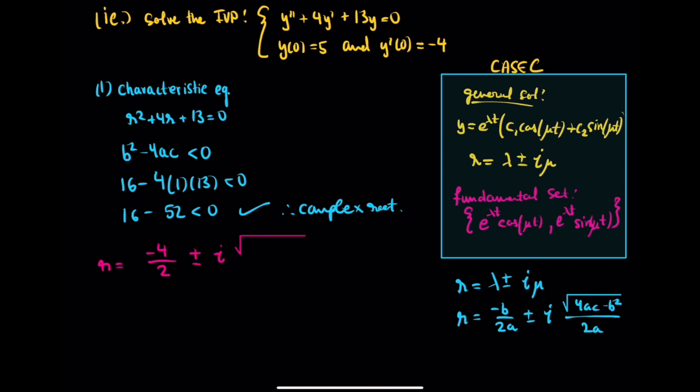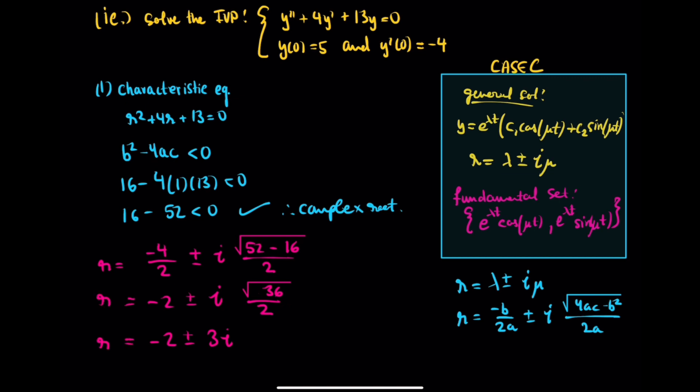So we know 4ac is 52 and b squared is 16, over 2a, a is just 1. So minus 2 plus minus i, and then this becomes minus 36. So square root of 36 is 6. 6 over 2 is 3. So minus 2 plus minus 3i is equal to r.